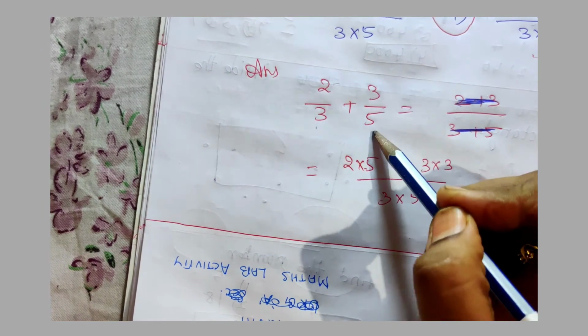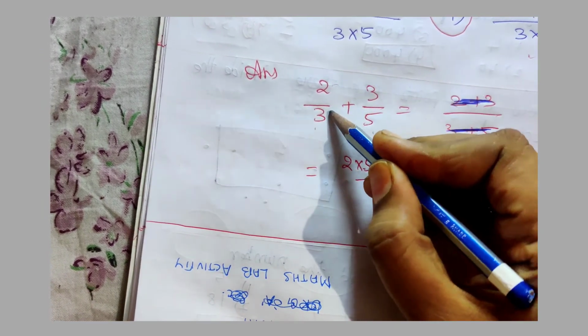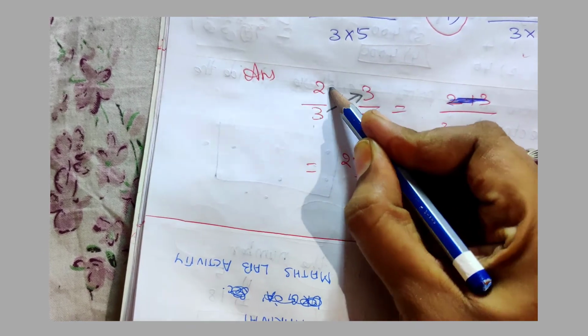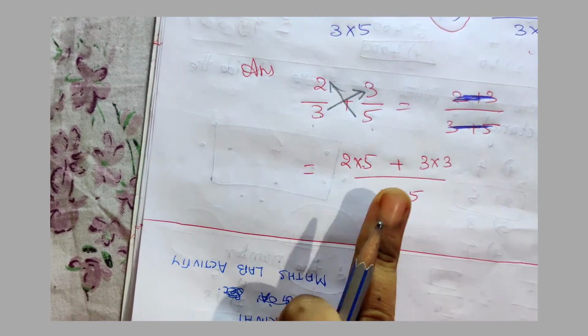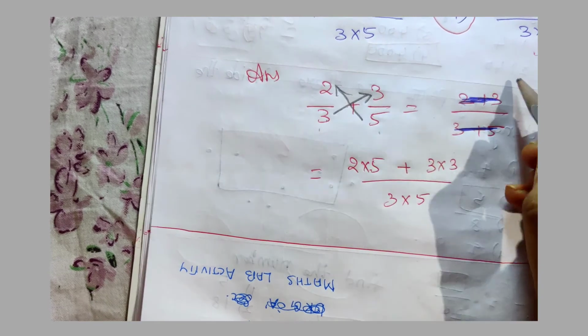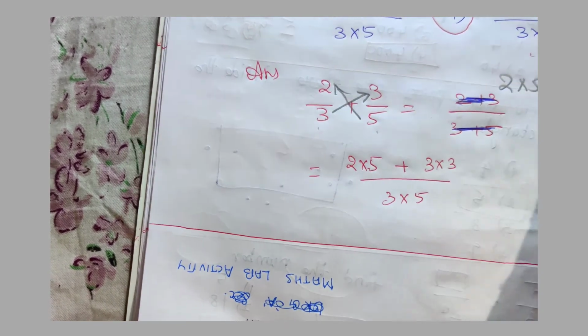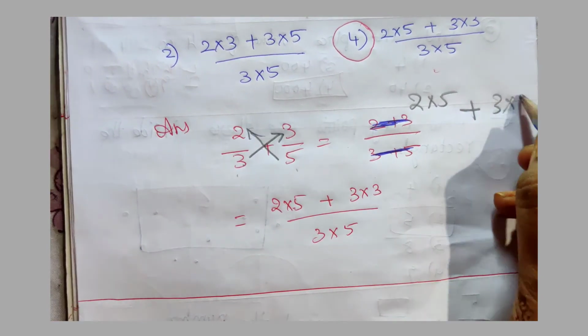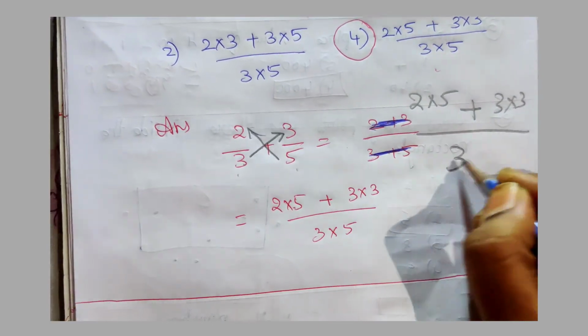Just cross multiply it: 2 into 5 plus 3 into 3, and in the denominator, down into down, 3 into 5.